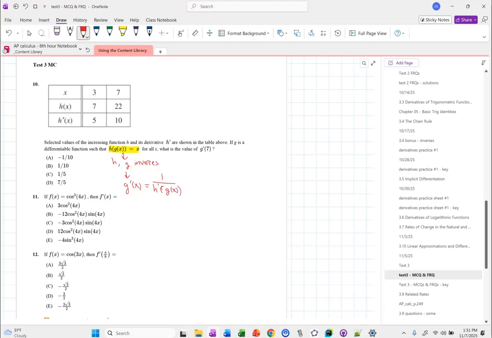Do you have to memorize that specific for the test? Well, it's the same thing you'd get if you took the derivative of both sides of this and then solved for g prime. So no, but I would, because it's just easier than having to do the extra rigmarole. Is that okay? Okay. So if I want g prime of 7 then, that means I'm going to do 1 over h prime of g of 7.